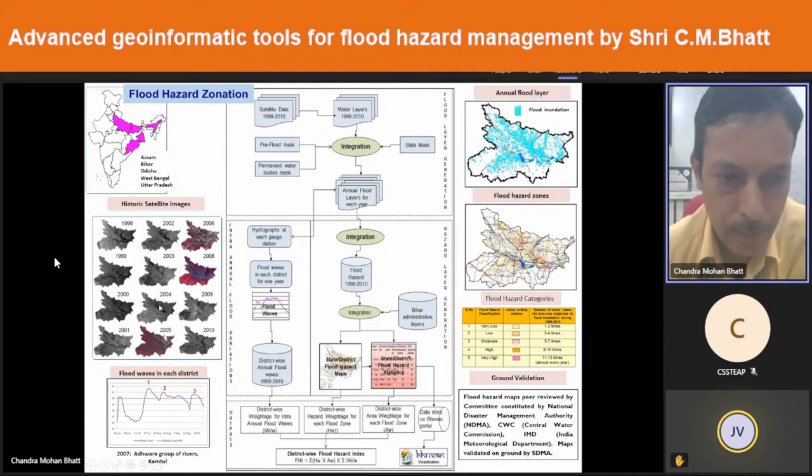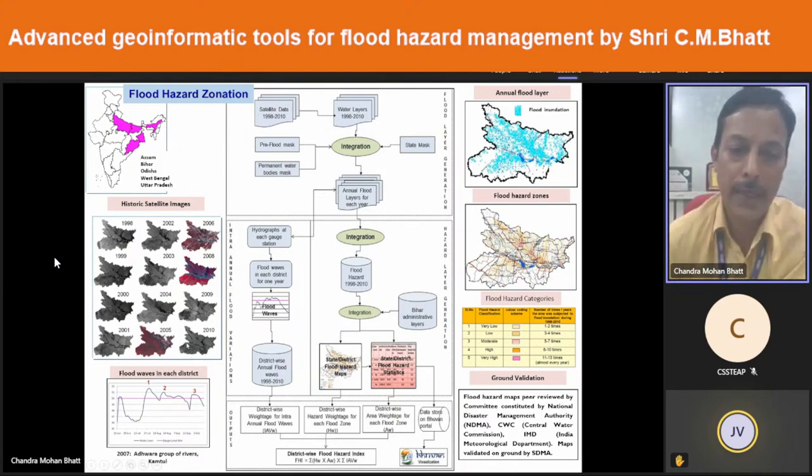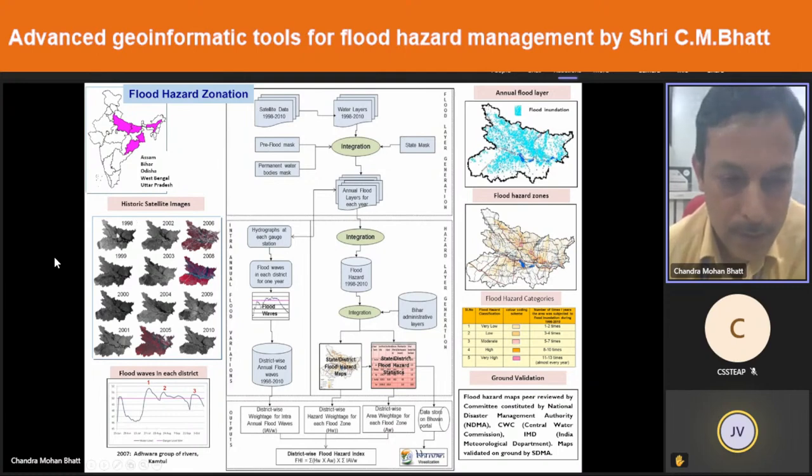So one example is for Bihar, where we have data for the last 2 decades, from 1998 till 2020-21. The data is available. All these annual flood layers are extracted using more than 113 satellite data sets for the last 13 years, and they have been integrated.